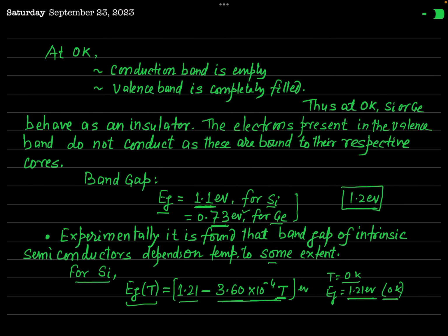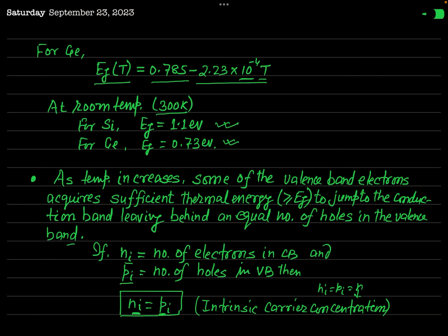Okay. Although at 0 Kelvin temperature, you can see silicon has a band gap of 1.21 electron volt, not 1.1. And at 0 Kelvin temperature, if you find the band gap of germanium, what will this be? This will be 0.785 electron volt.